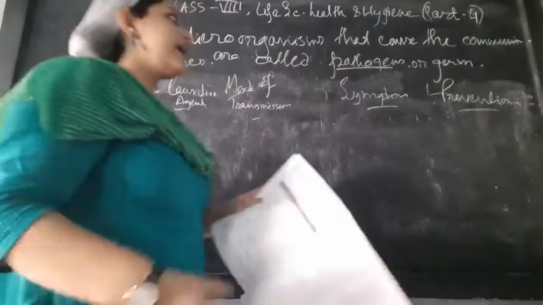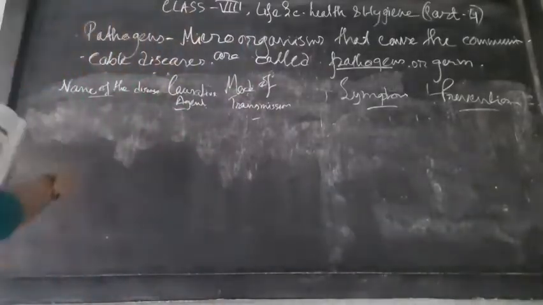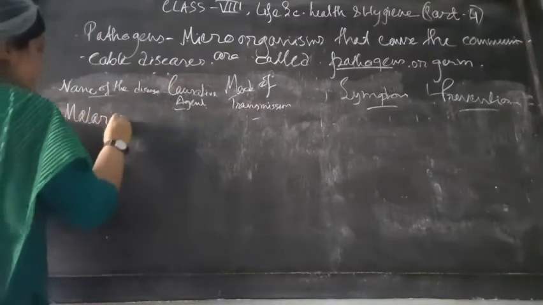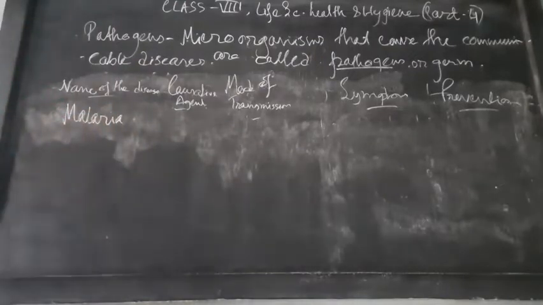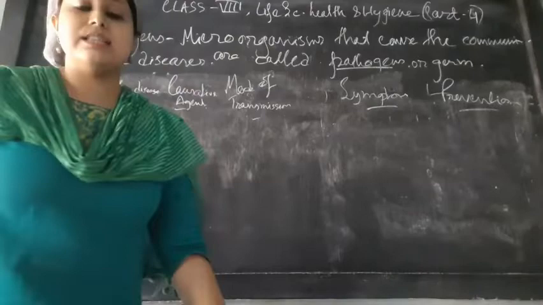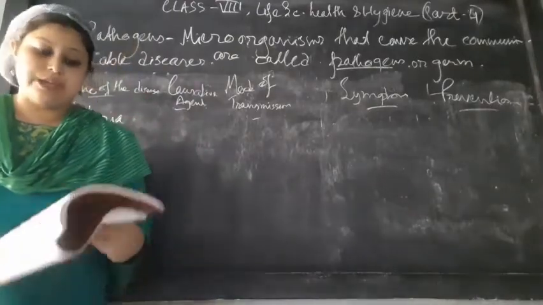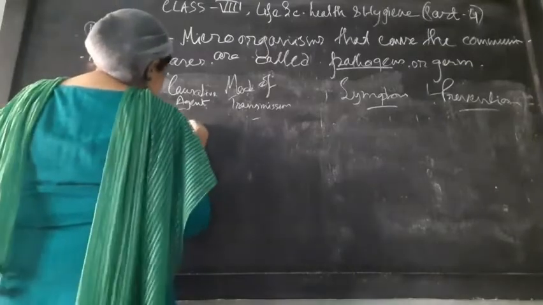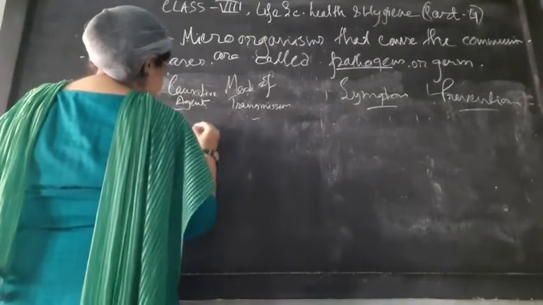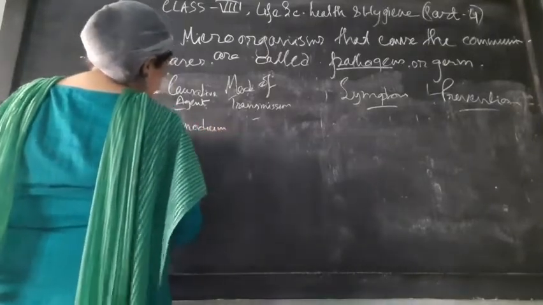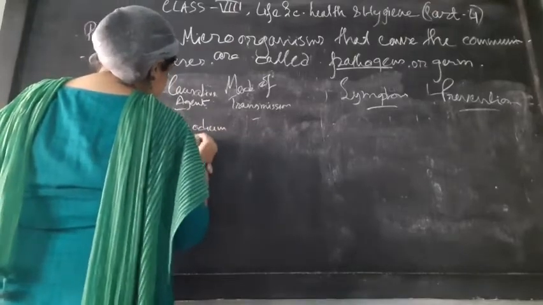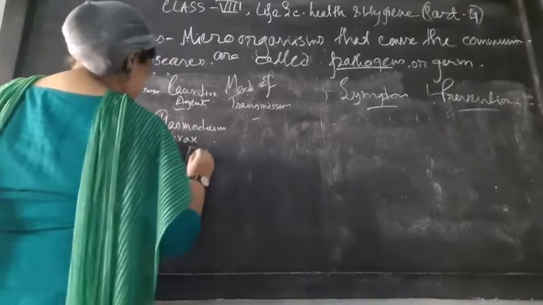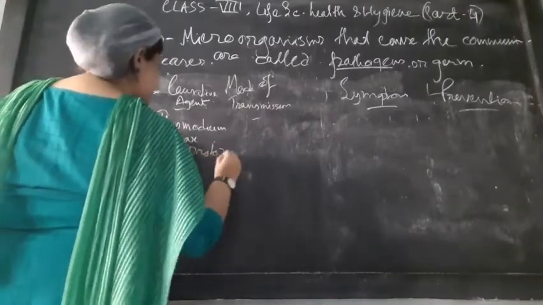So today I will start with malaria. Malaria is a well-known disease, usually caused by the mosquito, we know. So the pathogenic agent is Plasmodium, which is a protozoa.